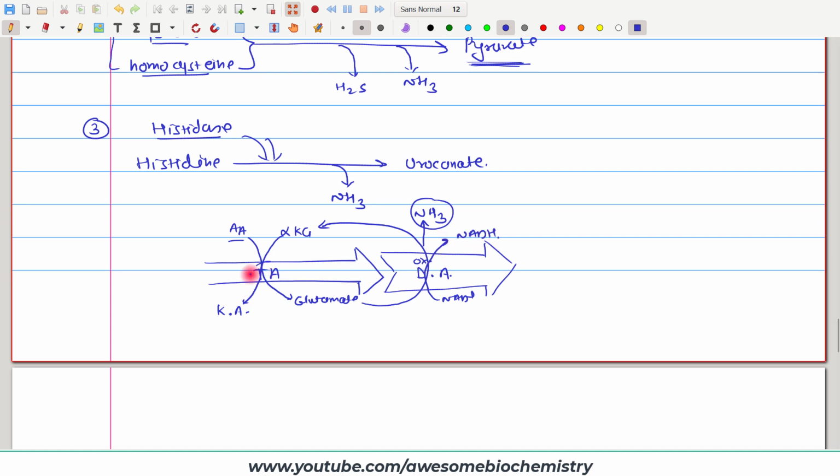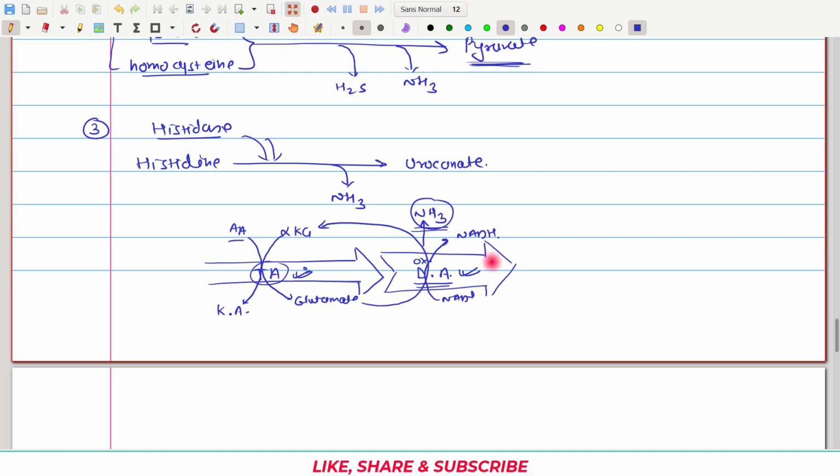So, as you can see, transamination and deamination both happen in a coupled manner, going hand in hand, and by that the nitrogen of the amino acid is successfully removed. So, transamination and deamination are both coupled processes, dependent on each other.